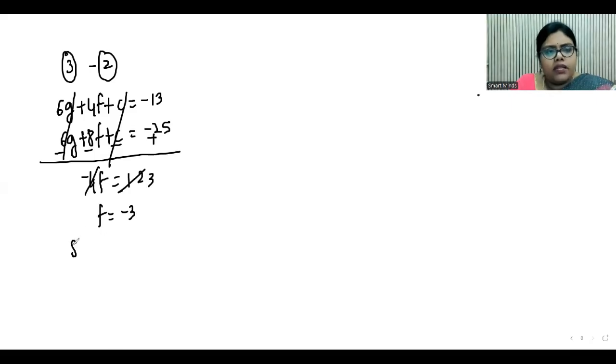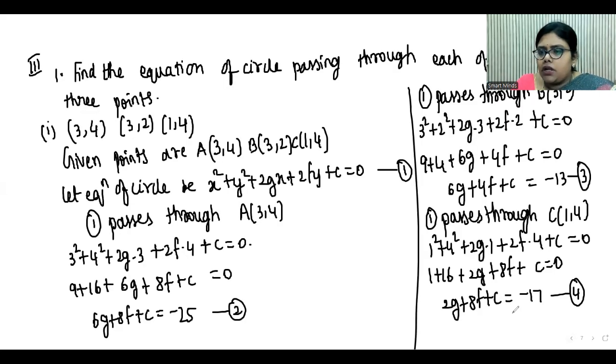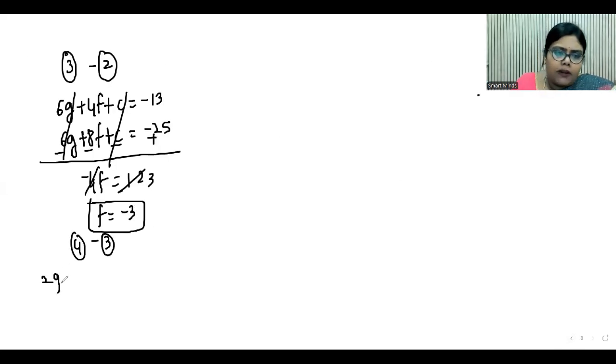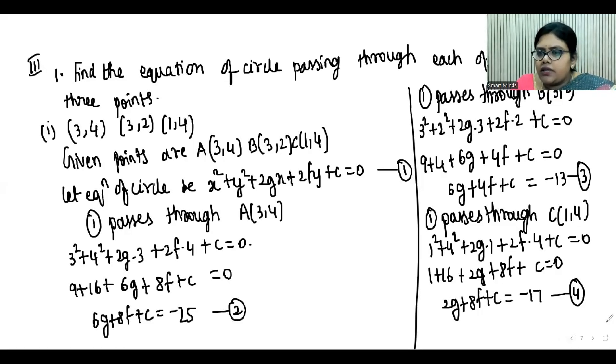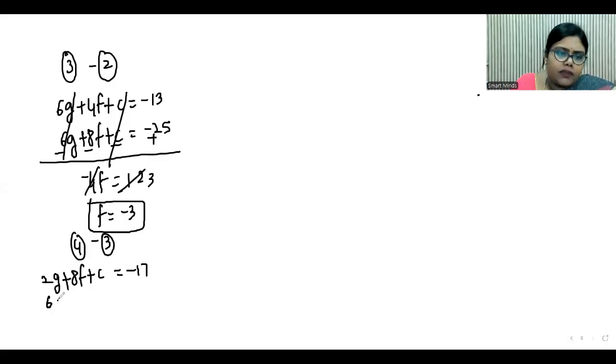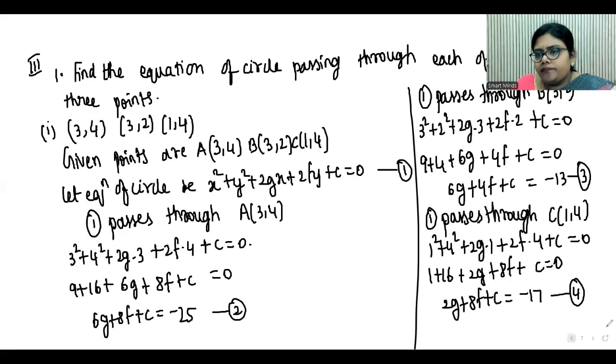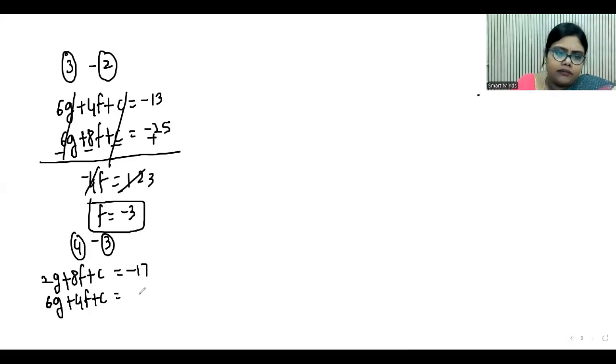Before substituting, we need to do 4 minus 3 also. So 4 minus 3. What is the fourth equation? 2g plus 8f plus c equals to minus 17. What is the third equation? 6g plus 4f plus c is equal to minus 13. Change the signs.